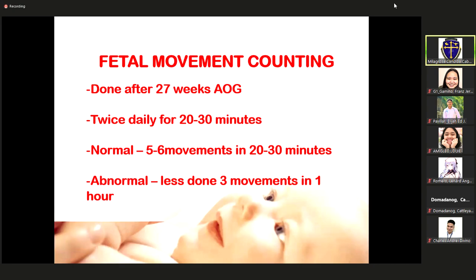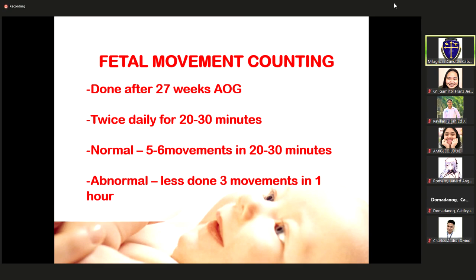So, we go now to fetal movement counting. Usually, ito ginagawa after 27 weeks age of gestation. Done usually twice daily for 20 to 30 minutes. Normal siya kung 5 to 6 movements in 20 to 30 minutes. Abnormal if less than 3 movements in 1 hour.